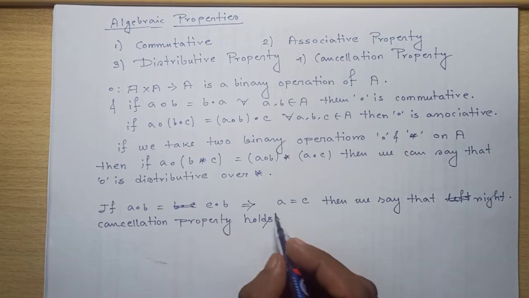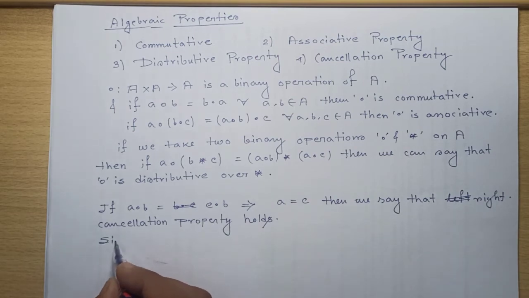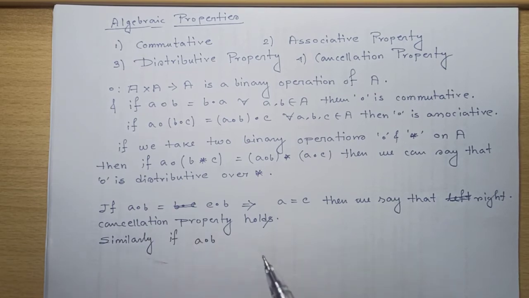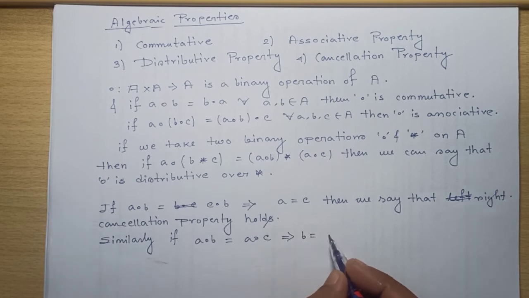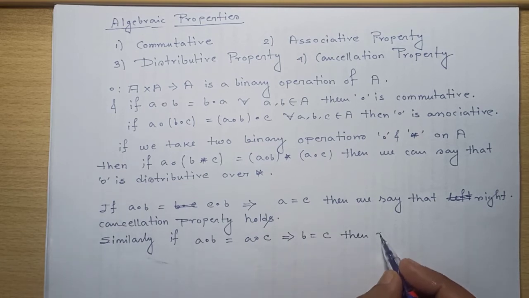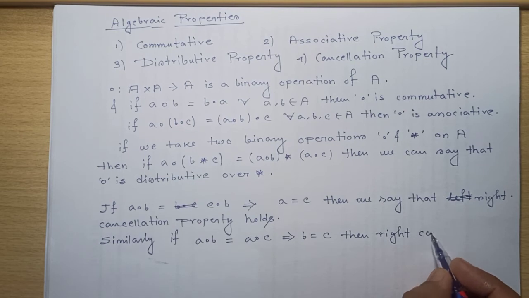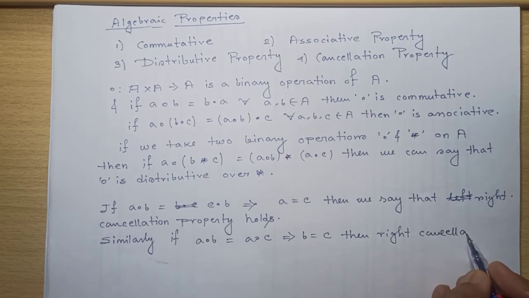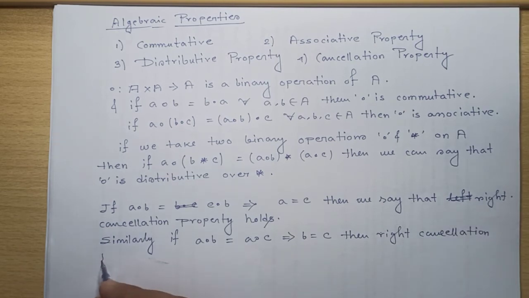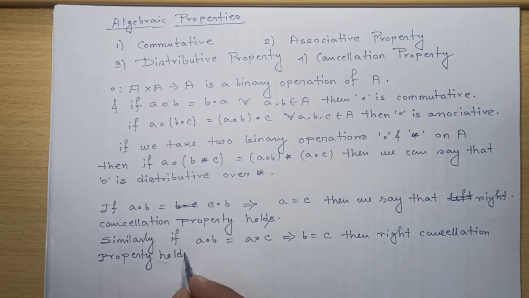Similarly, if a compose b equals a compose c implies b equals c, then the left cancellation property holds.